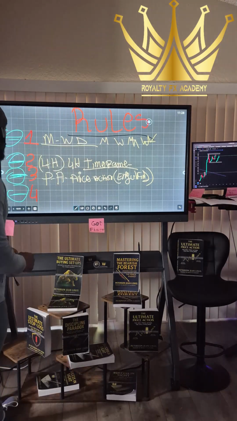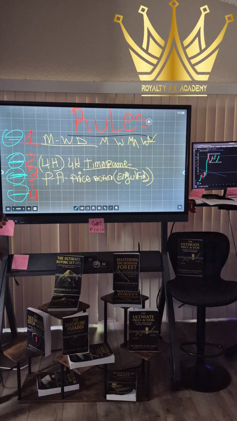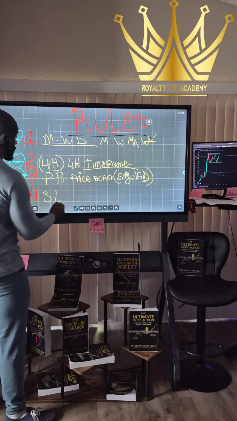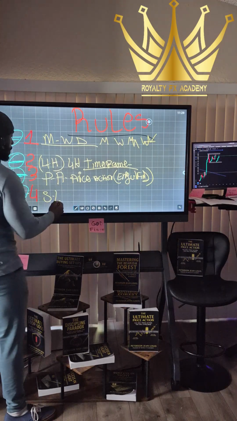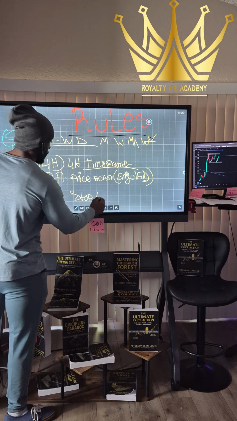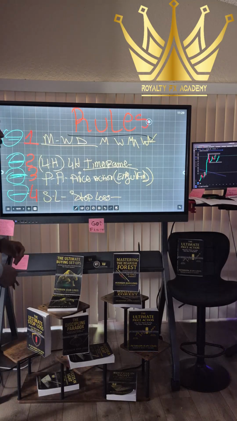Rule number four would be our SL, which is our stop loss, after pulling the trigger for either a buy or a sell. Stop loss literally means what it says: stop losing.